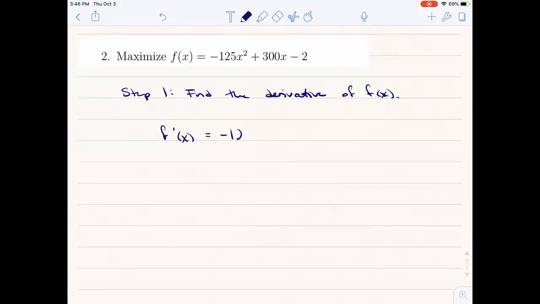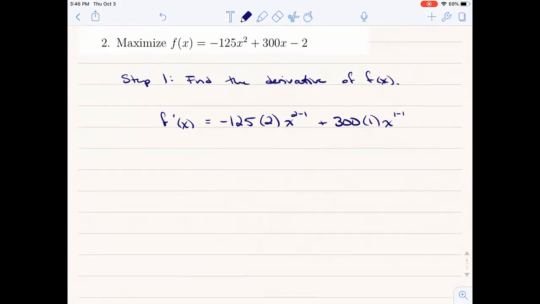So in this case, we get negative 125 times 2, x to the 2 minus 1, plus 300 times 1, since x is technically x to the power of 1, times x to the power of 1 minus 1, minus 0, remembering that the derivative of a constant is 0. So if there is no x, it just goes to 0. The derivative just shrinks everything down 1 degree.